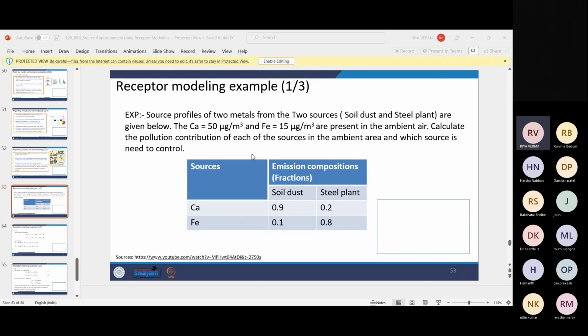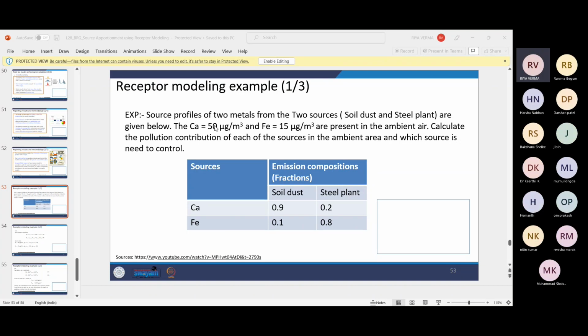Okay, so this is a basic example of your receptor modeling. In the question, what they have given is we have two metals from two sources, soil dust and steel plant.